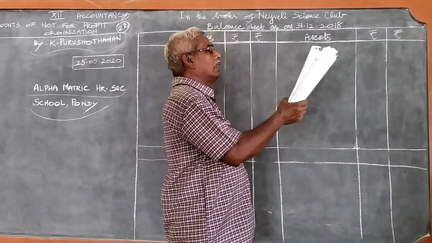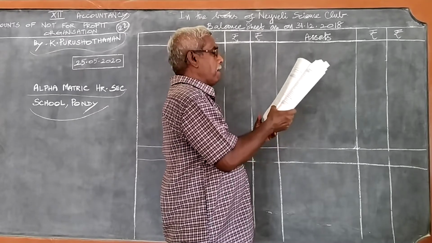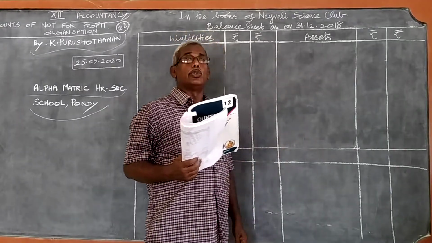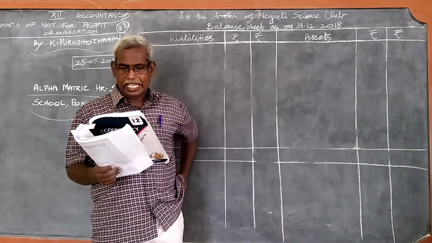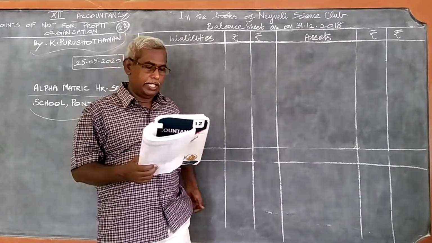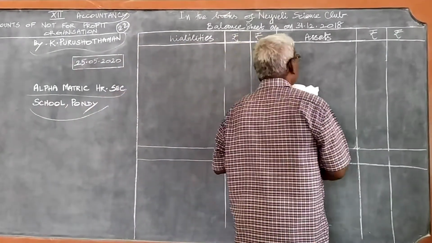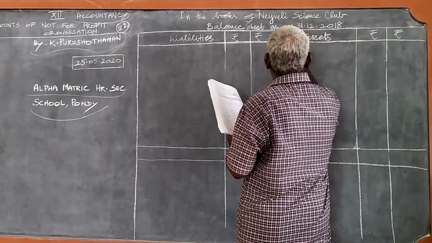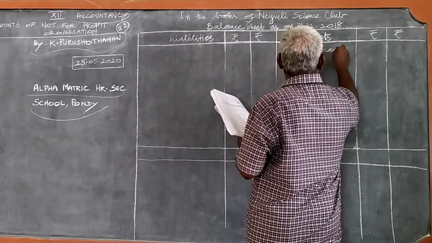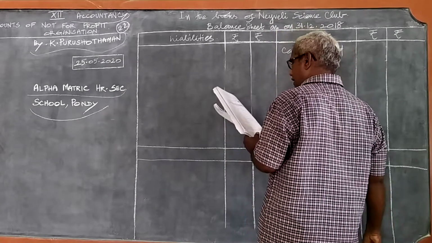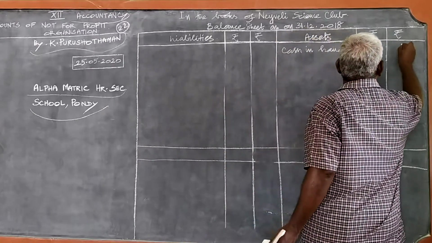The first one is balance carried down. You should look at the end of the year, what is the cash balance and the bank balance? We write it first. Cash in hand 200.